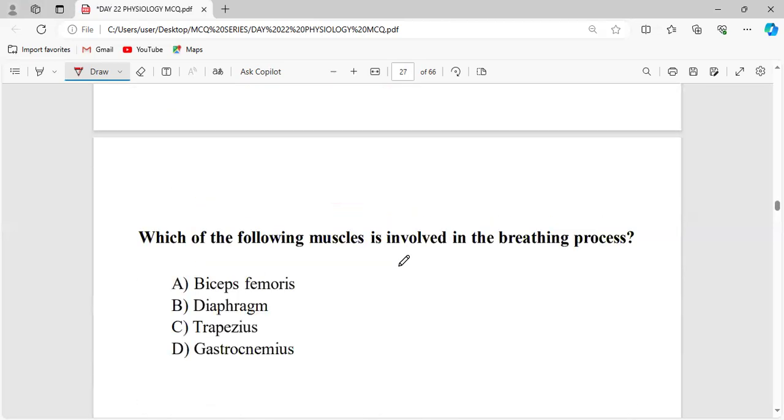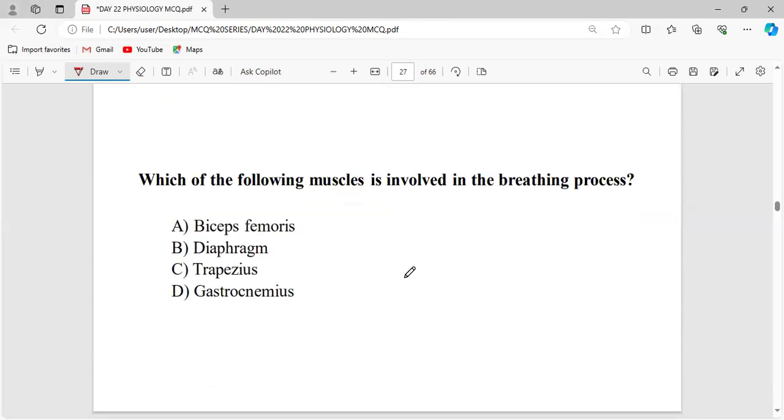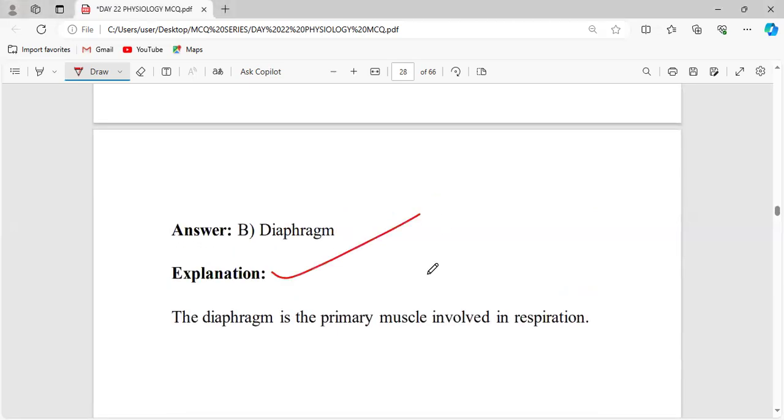Now, which muscle is involved in the breathing process? That will be the diaphragm. Very good.